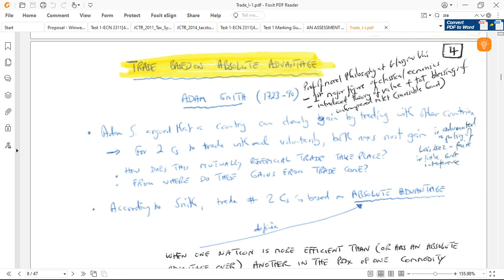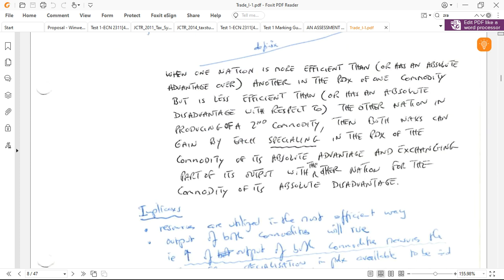Both parties can win. How can this happen? Trade must be on a voluntary basis. You are not supposed to be forced. And what's the benchmark? Absolute advantage, which basically talks about efficiency.